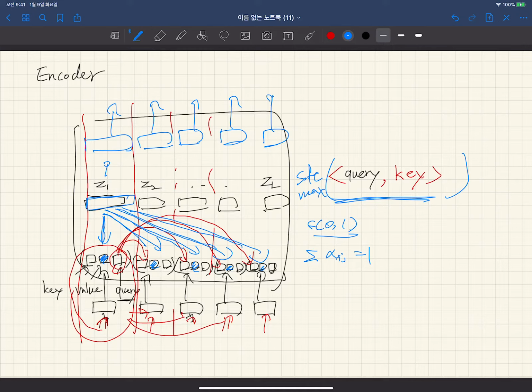And we stack up this self-attention unit many times to generate more complicated structure and more abstract information. Okay, this is a very important idea of the transformer network.